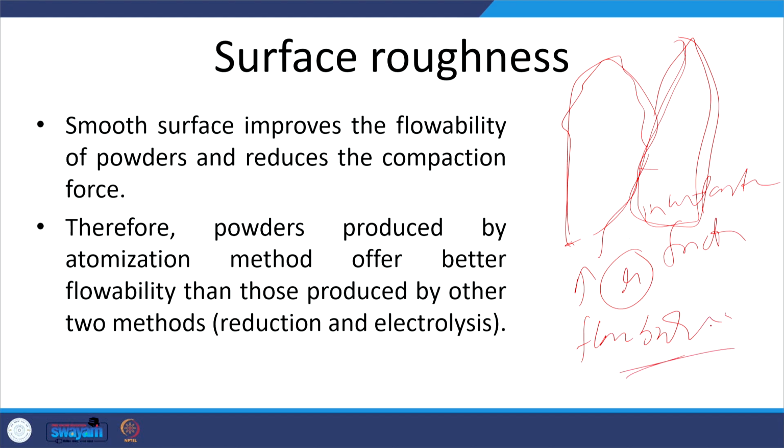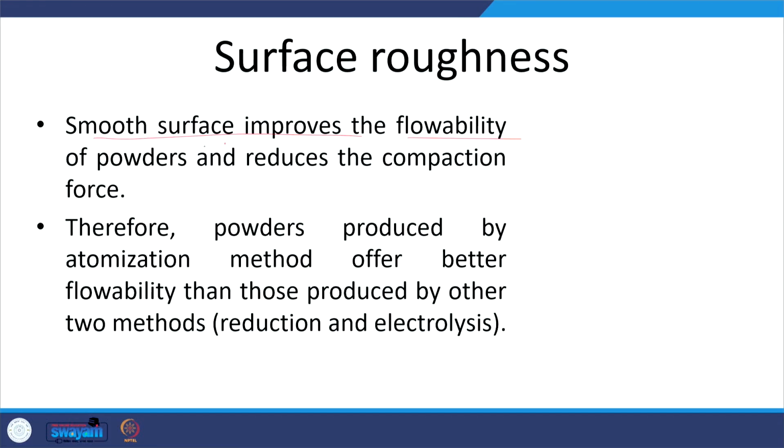And second, it will increase the force required for compaction, because if the particles are smooth, they will settle down easily and get compacted easily. But if the surfaces are rough, it will increase the force required for compaction. So smooth surfaces improve the flowability and reduce the compaction force. If they are not smooth, then the flowability is reduced and the force requirement is enhanced.